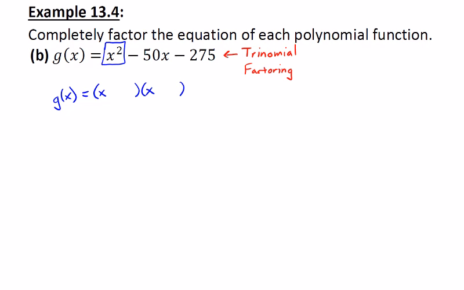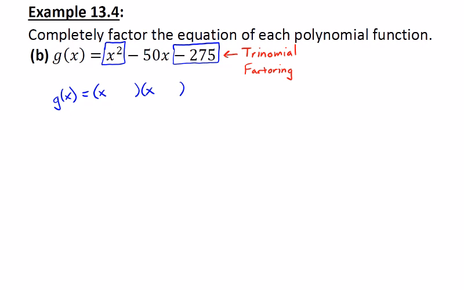Then after that, I want to do the same thing with the negative 275. But the problem with negative 275 is that there are multiple ways to multiply to get that. Whereas with x squared, x times x is really the only reasonable option for that.